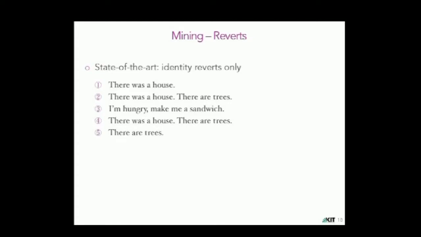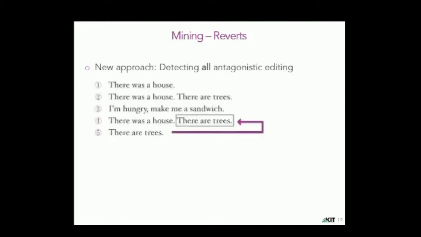Number 4 has reintroduced the first sentence, but number 5 obviously doesn't agree that it should be there. With this old approach, you would not find that. The new approach takes a much more fine-grained method. First of all, you could find this revert, where 5 actually disagrees with 4. This is a very simple example, but we had to test very many different settings to actually find some setting where we could be sure that it's an antagonistic relationship between these two.